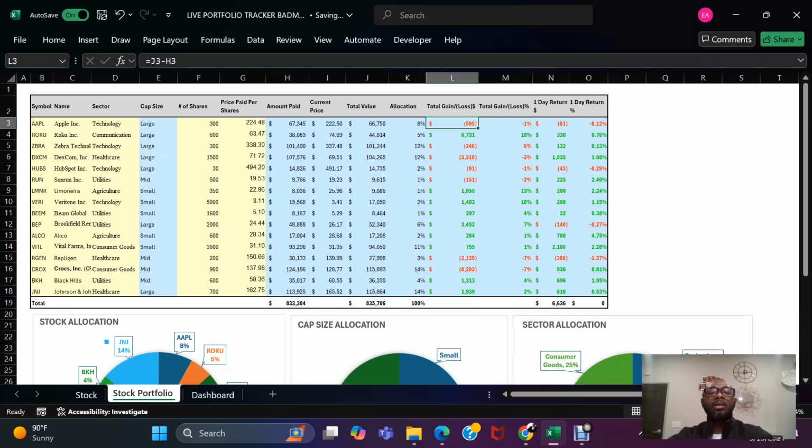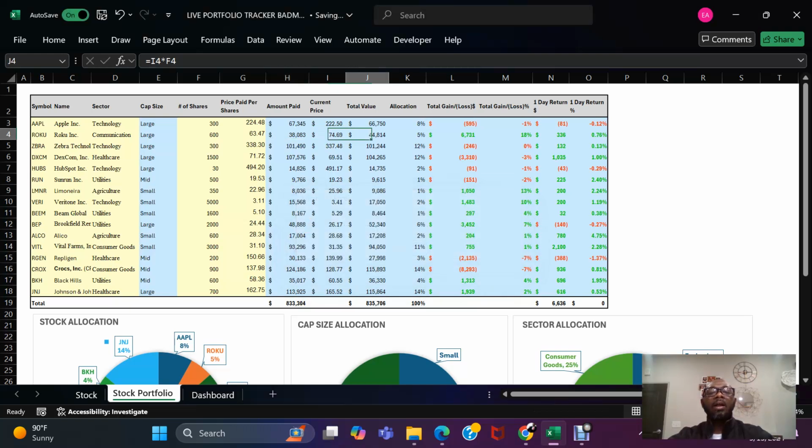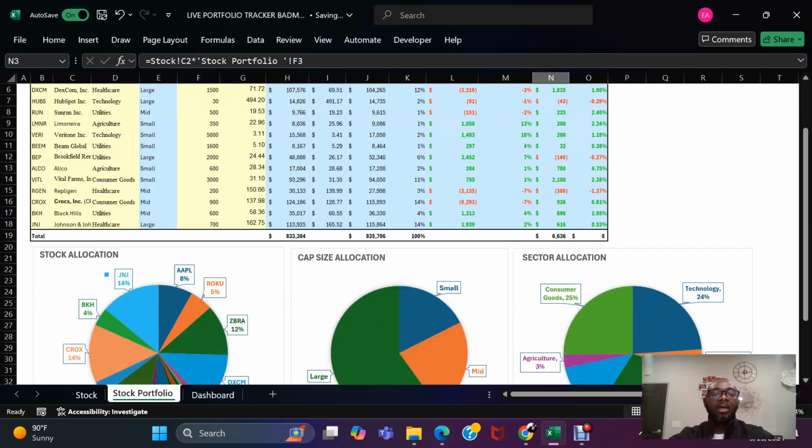And if the amount paid is lower than the current value, then we are making a gain. That is how this column is determined. This is the percentage of loss or gain here, and these are just the day returns, which we are not really particular about right now.